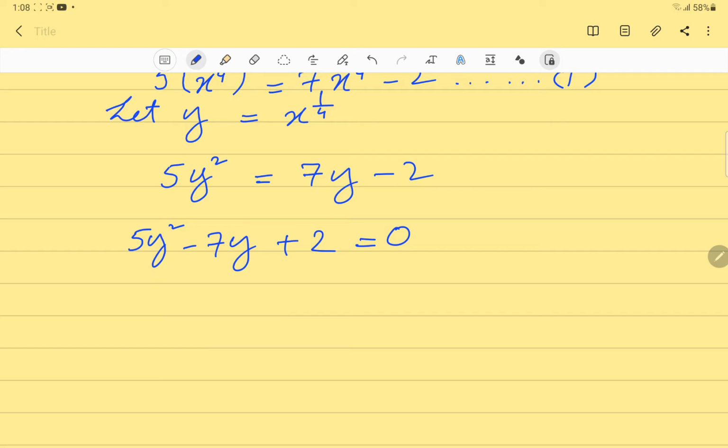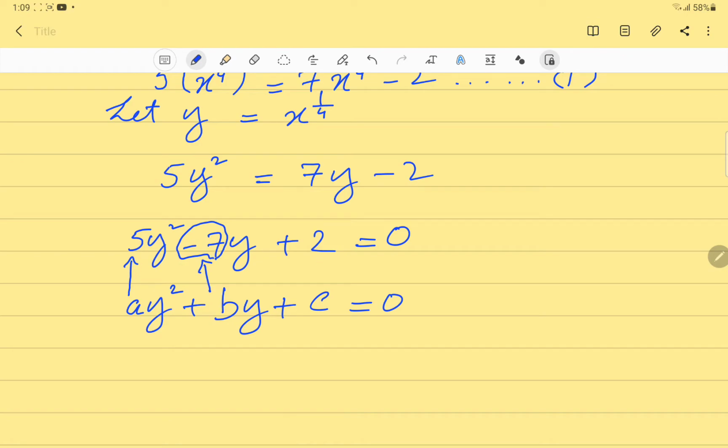Obviously it is a quadratic equation and can be solved with the help of a quadratic formula. Let us write the general form of the quadratic equation, which is ay squared plus by plus c is equal to 0. By comparing these two equations, we will come to know a is equal to 5, b is equal to minus 7.